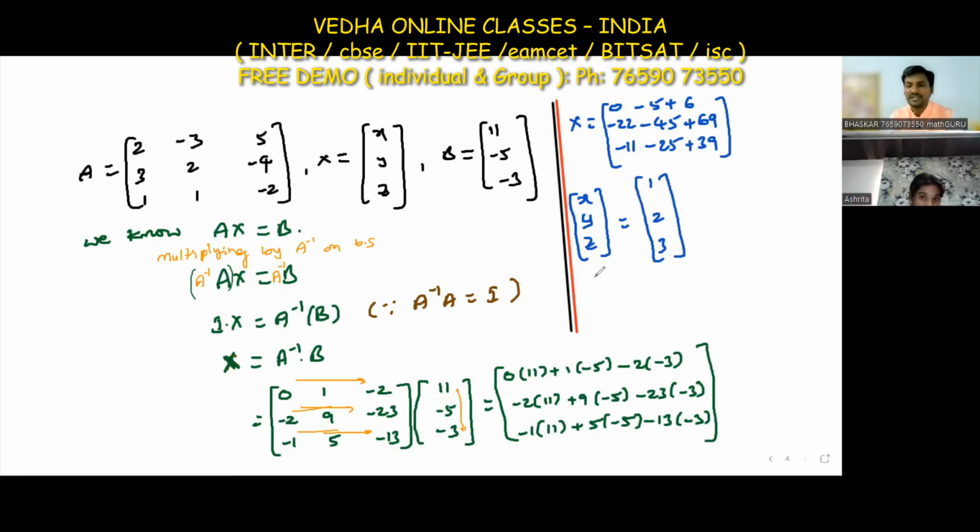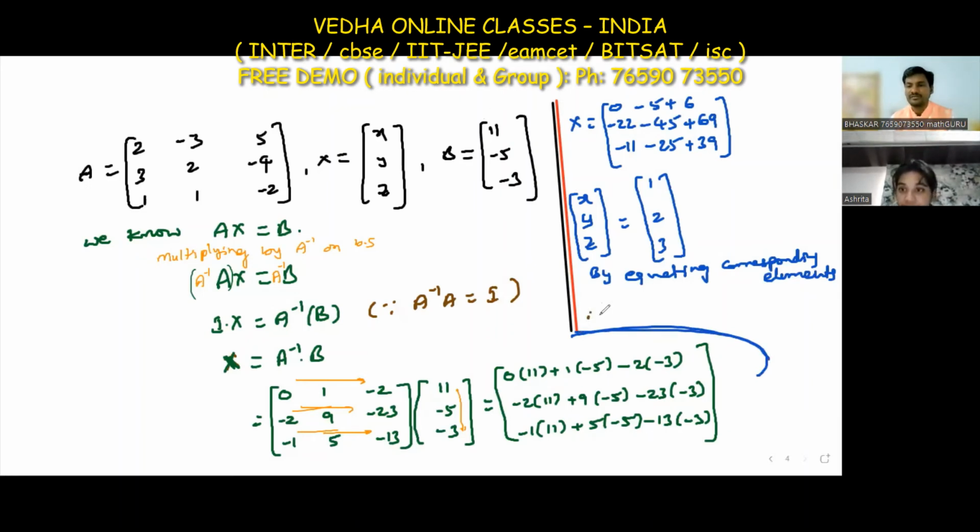Equating the corresponding elements, we get the required solution: x equals 1, y equals 2, and z equals 3. This is the required solution.